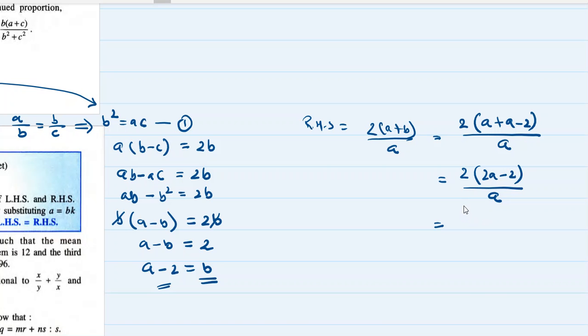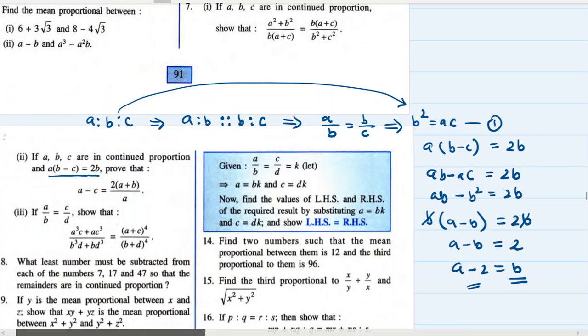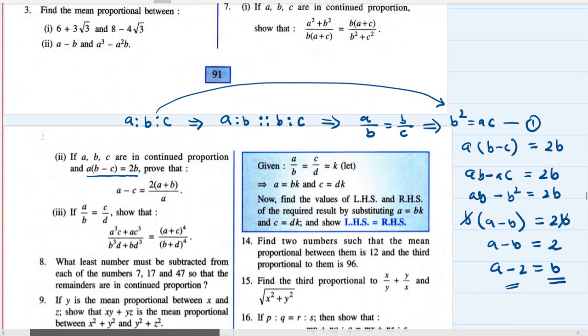If I simplify this, I'm not getting C because all my values are in terms of A only. That is one problem. Let's see what we can do on the LHS. LHS has A minus C only.